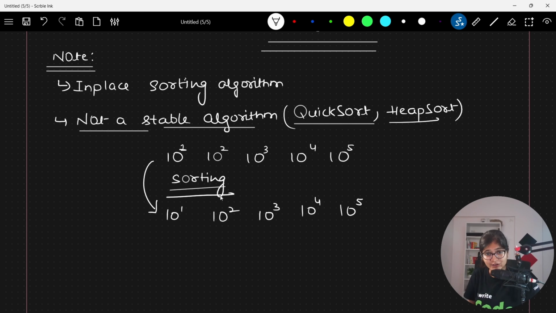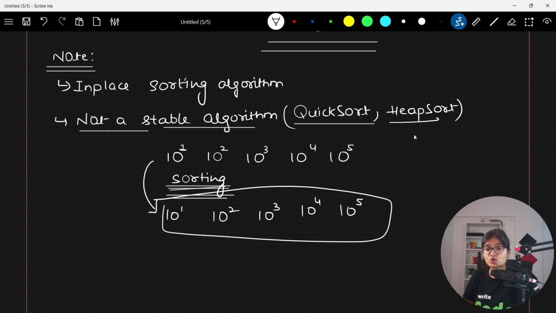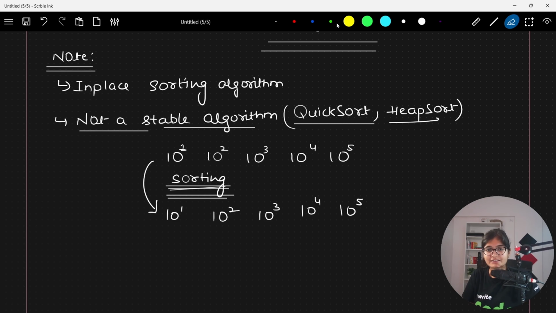But do let me know whether, after applying the QuickSort algorithm by applying the partitioning algorithm, this pattern is retained or not. You will observe that the sequence of the numbers that we are getting is not retained. That is where we can say it's not a stable algorithm.